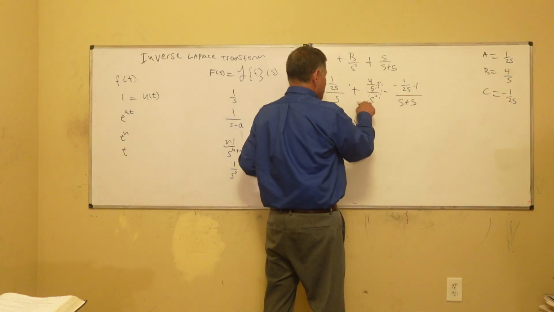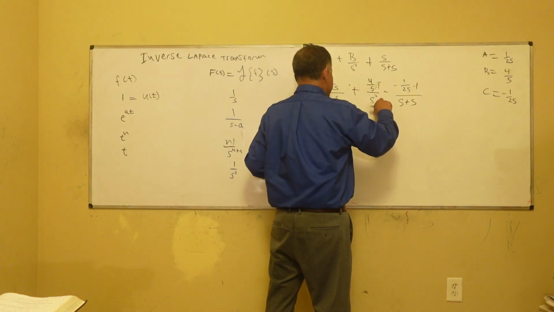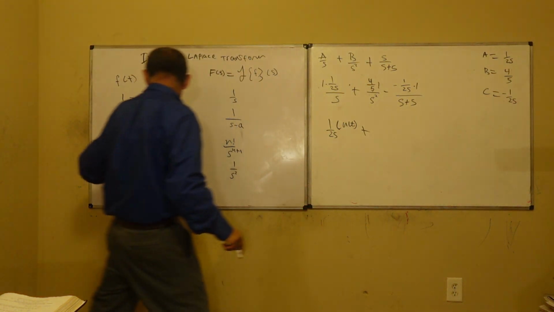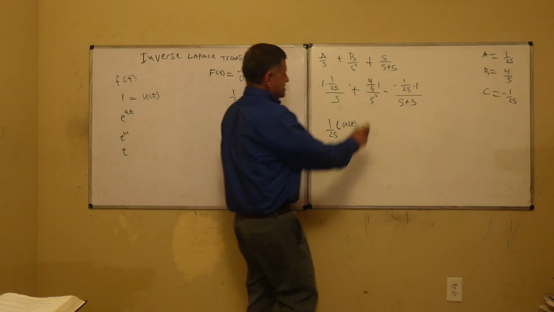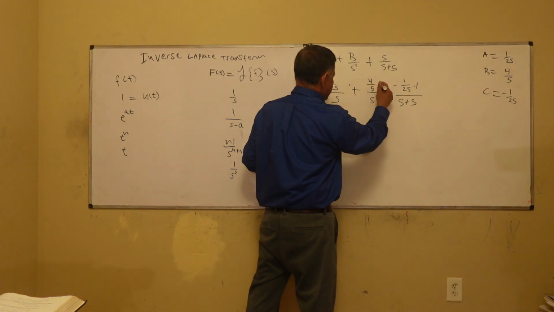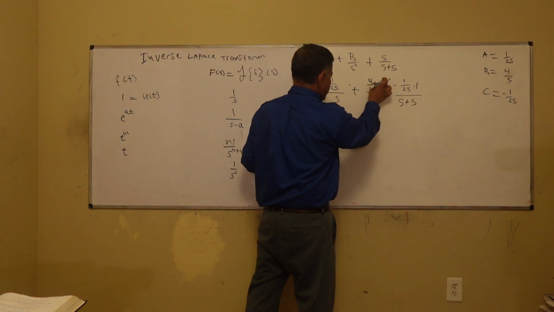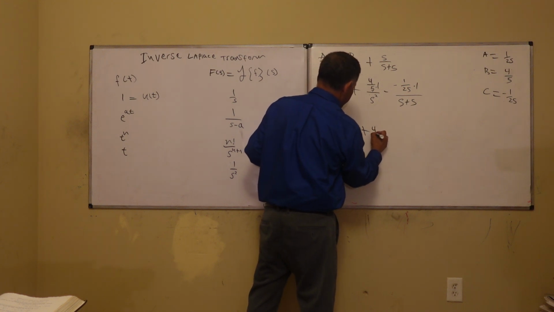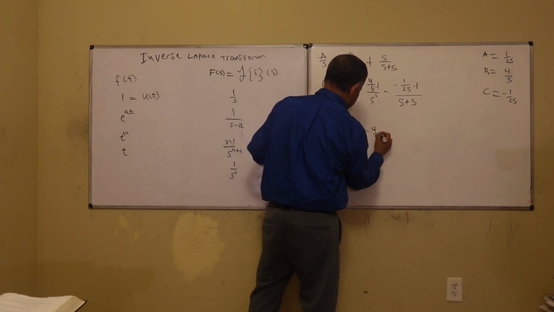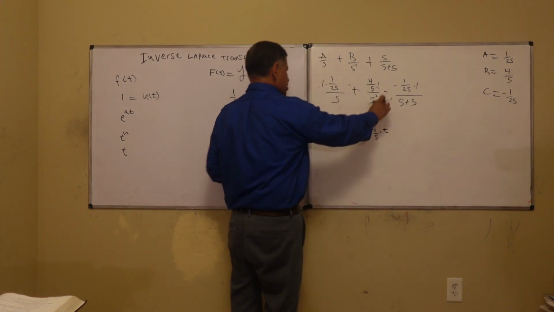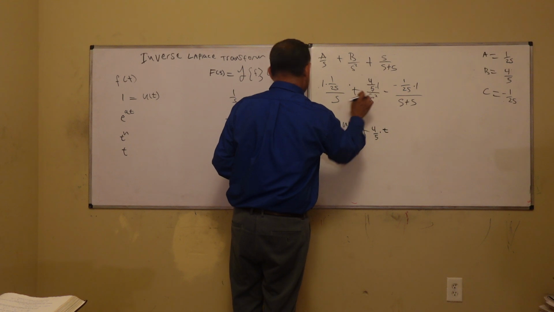So therefore, what I can do, and what is the inverse of that? The inverse of that is just t. So I can actually replace that, bring that to the front, and put my t over here instead. Replace that with t, put that in front, so I can put 4/5 multiplying that t, which is this part right here.